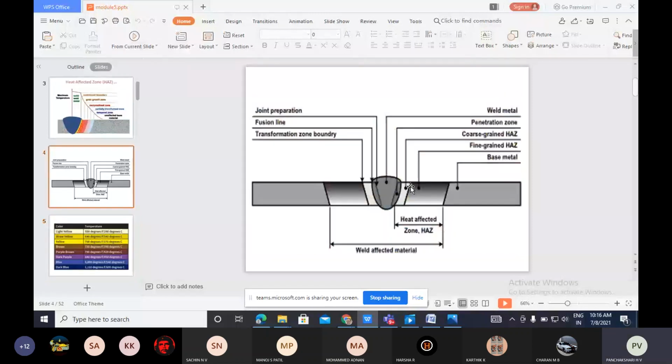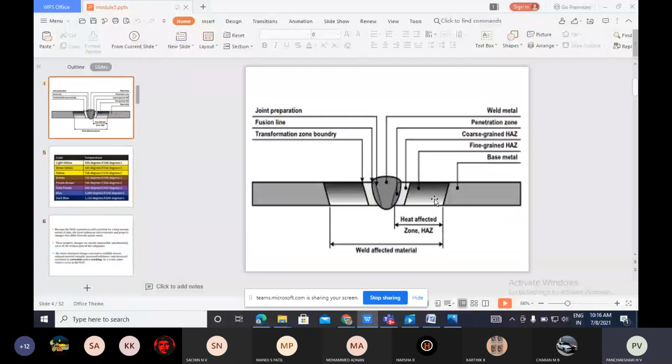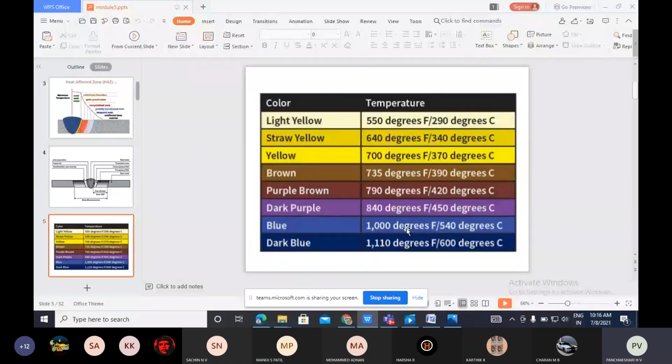With respect to this color we cannot see here clearly. So like that, with respect to this diagram itself, from here to this exterior, you can see how the temperature is distributed. Okay, center temperature is very high. If you move towards the outer, the temperature is less.